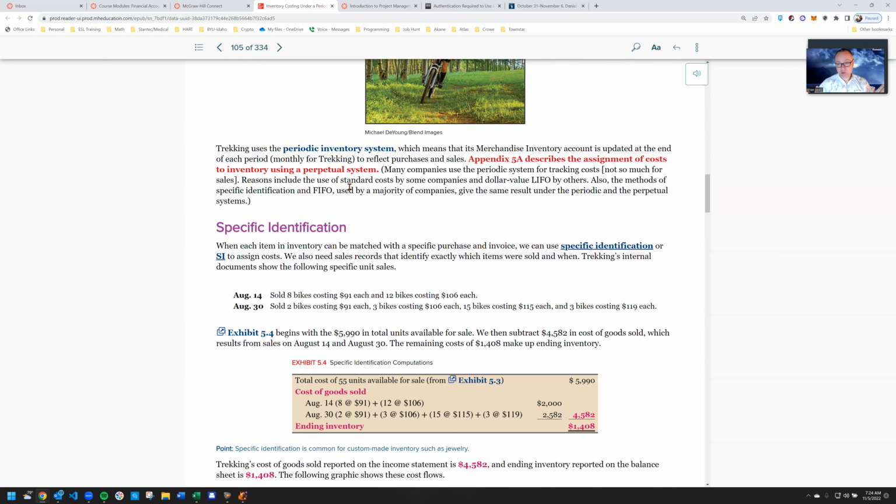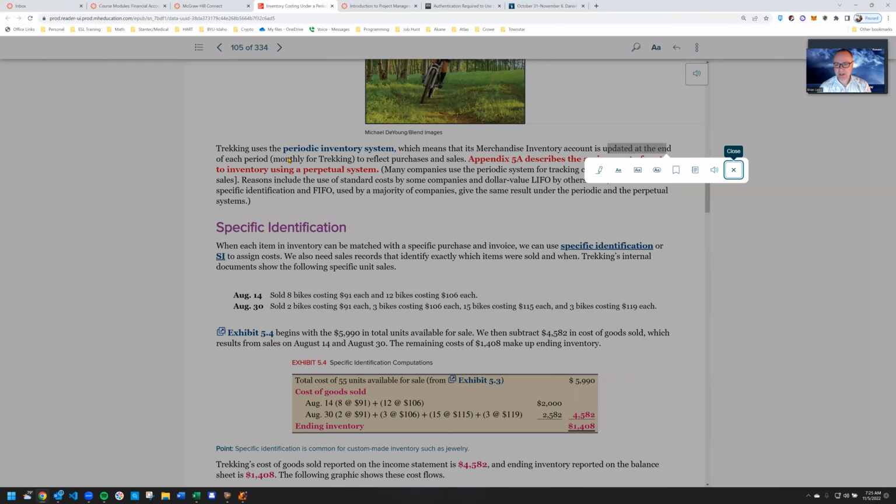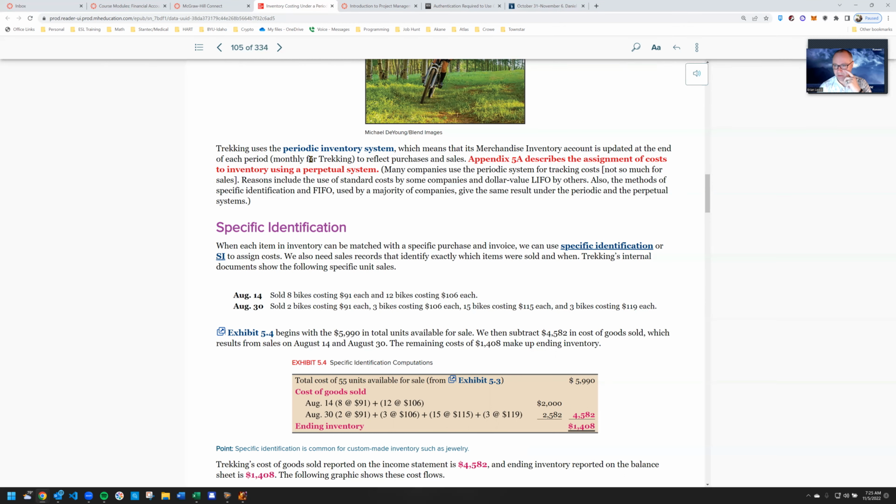Or you might do it every quarter, or every year, right? Look at all the transactions, the ins and the outs, and do the evaluation then. That's periodic, and that's what it says right here: updated at the end of each period, typically monthly, but sometimes quarterly or annually.